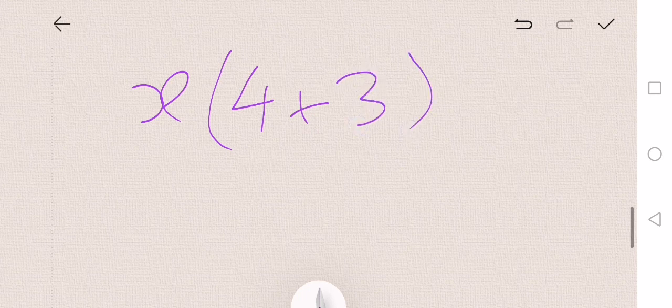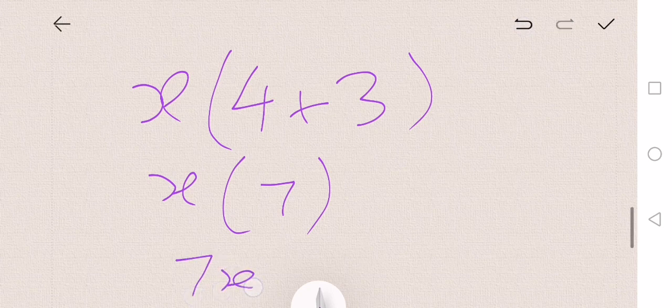So now let's have a look. If I do x, it can be 4 plus 3, for an example, okay? But normally actually if that's the case, you would just do 7x. Okay, that's not actually a good example.